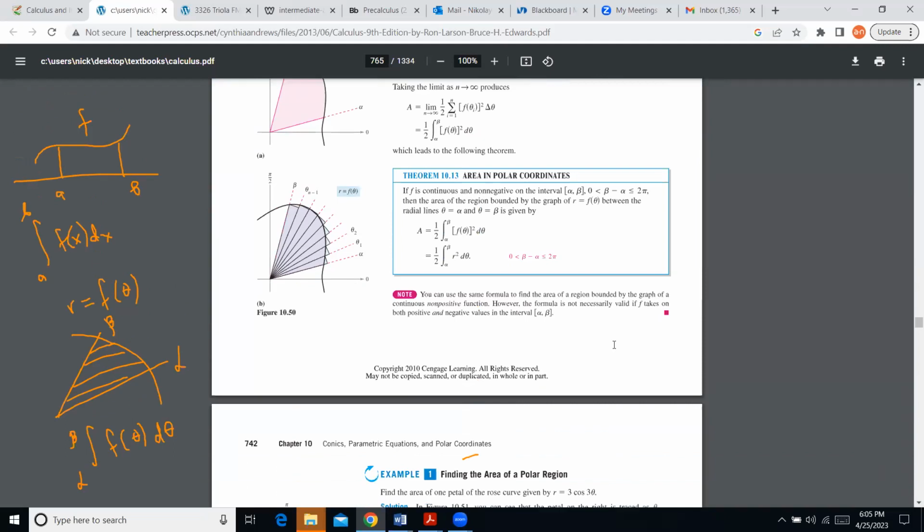So it's good to realize that even though they put here the integral of r squared, it's actually r of theta. That's how one should read it, because again, that's a function with respect to theta, and then the angle theta varies from alpha to beta. So that's why they're being specific in terms of those limits of integration.